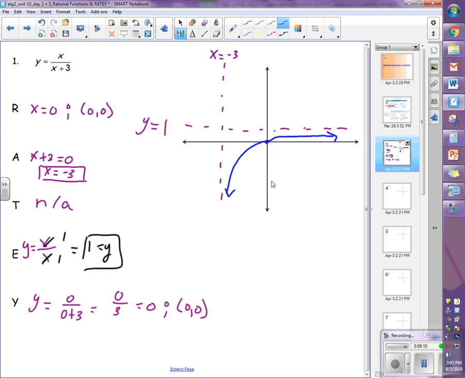So that's one piece. Based on the parent function, it was broken into two pieces. So most of these functions should be broken into two pieces. It is possible it could have more than two, and it's possible to have only one. So you just got to be very careful. And again, I'm going to label my points on my graph.